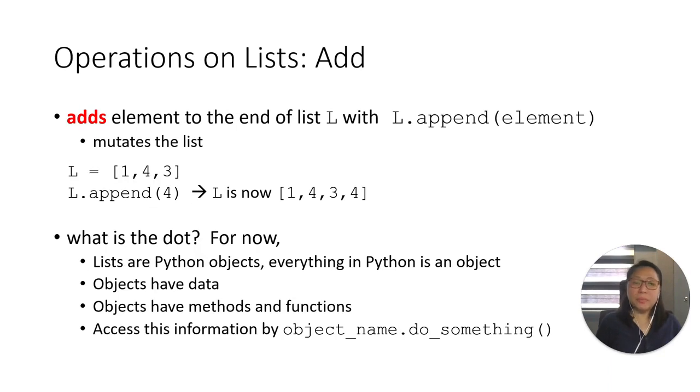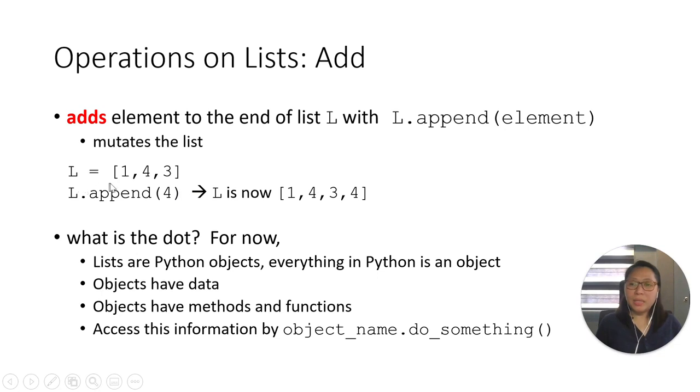Since list is mutable, there are some operations or methods we can do, such as add and remove elements in the list. So here we can add an element to the end of a list L using the dot append method.